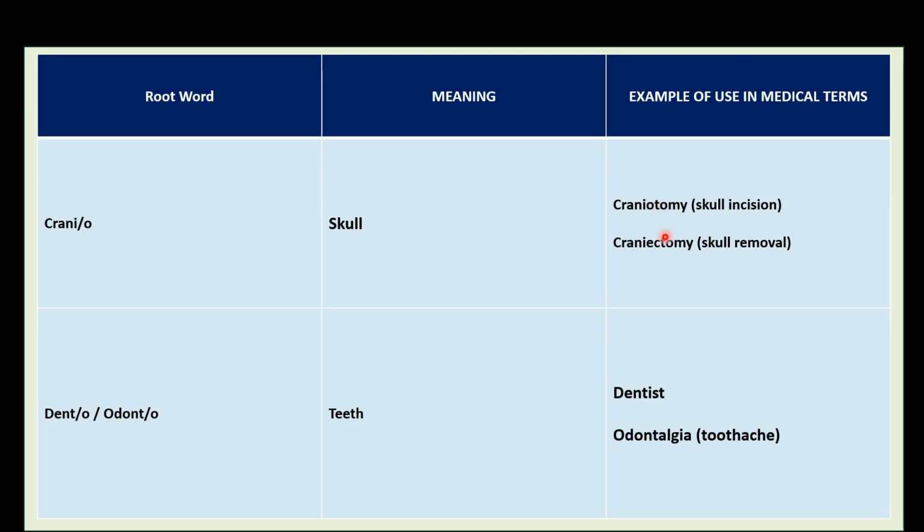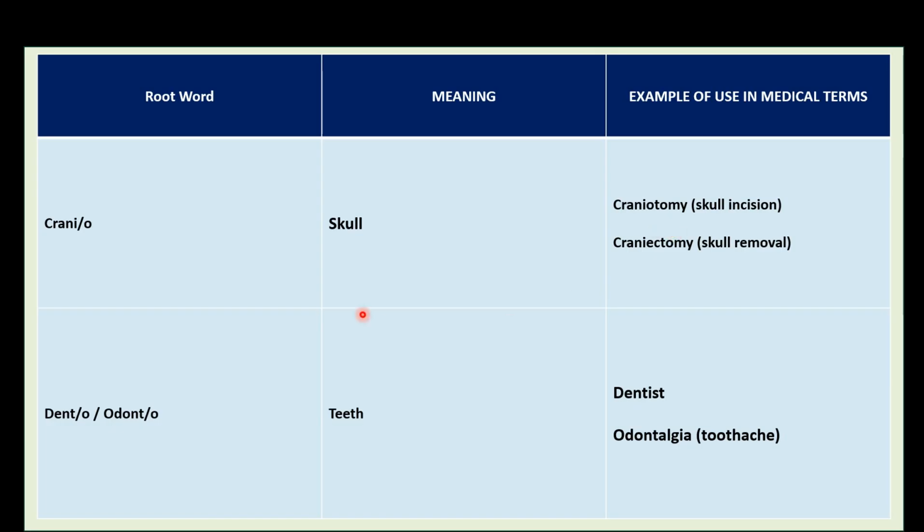Likewise, if a surgical procedure is performed to remove the skull for any medical reason, then the terminology used will be craniectomy. I think these two terminology examples are clear to all of you.